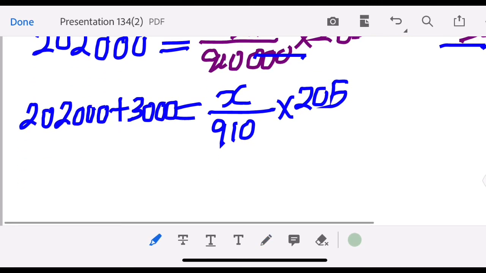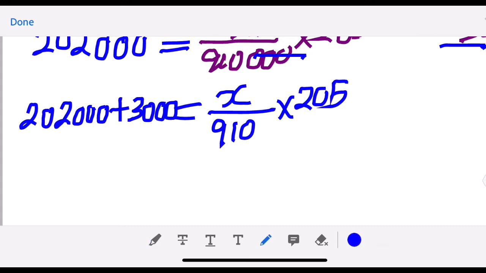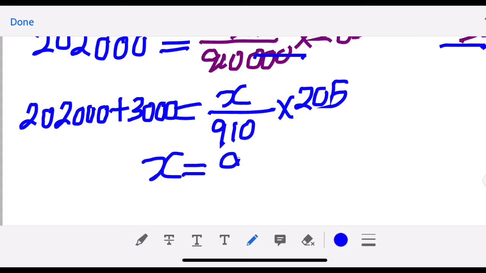So now let's add the amount first. It will be 202,000 plus the 3,000 times the 910 divided by 205. So the amount that you get will be exactly the same, which is 910,000.